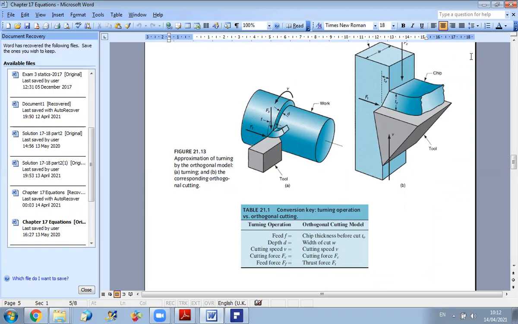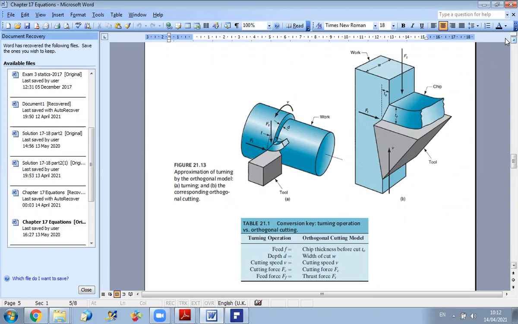Now, concerning the depth of your cut, d, here, it will be, by analogy, the width w of your cut. Because look, imagine that here you have a circle. It's a circular operation. If we open the circle, we will obtain that the depth is equivalent to the width here.